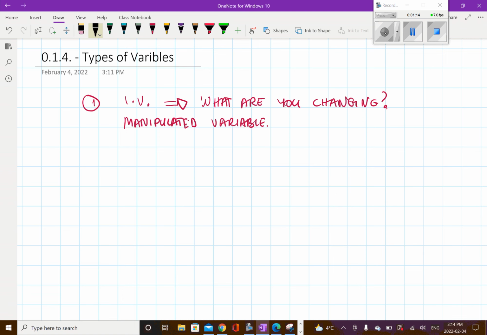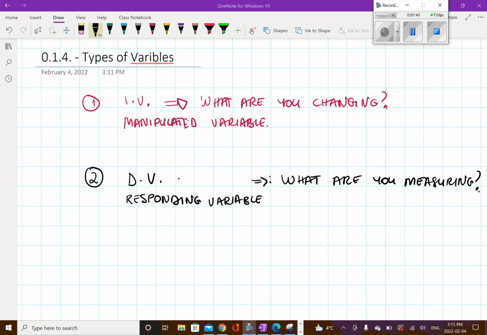The second type of variable that we use in science is known as a dependent variable or responding variable. This variable is found by asking the question, what are you measuring as a result of the change?